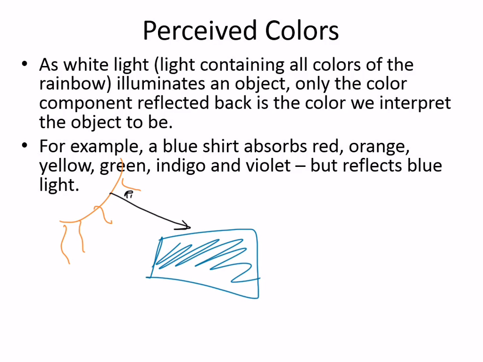Coming from the sun, I usually go Roy G. Biv, all the colors of white light. What's being reflected is blue, and what's being absorbed is everything else: Roy G. Biv, minus the blue, is absorbed. See how that works?